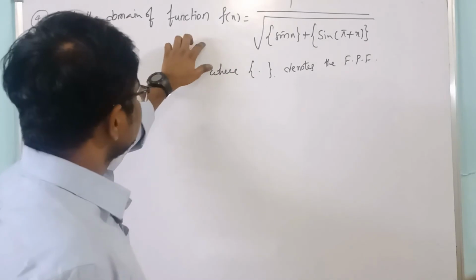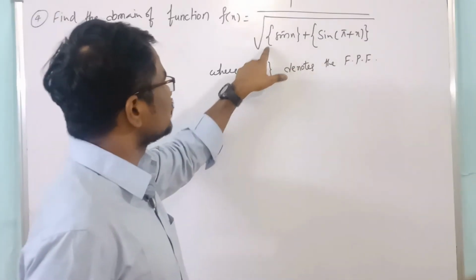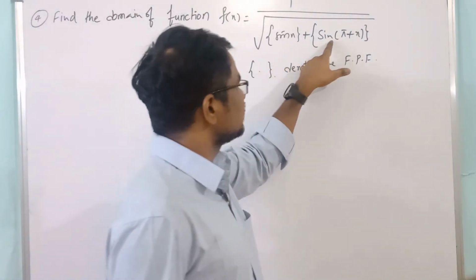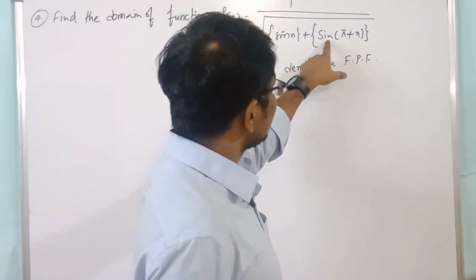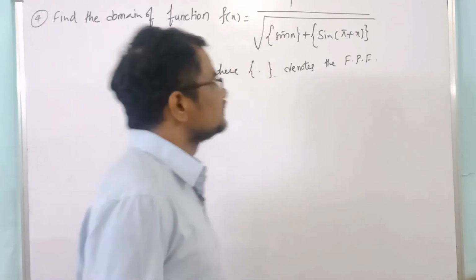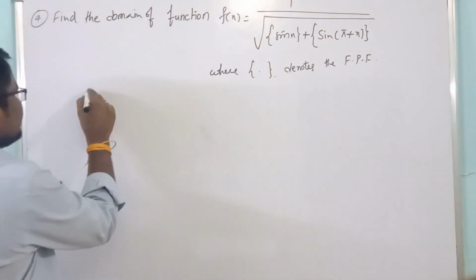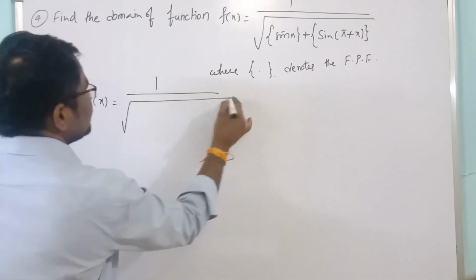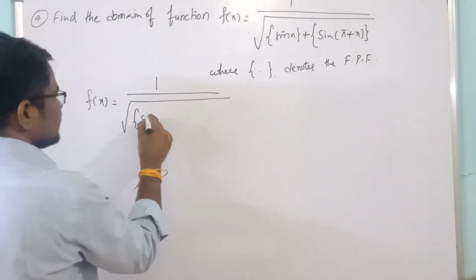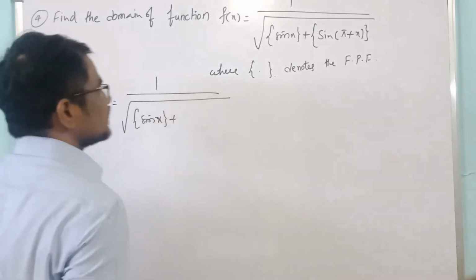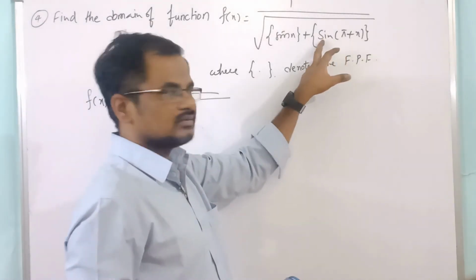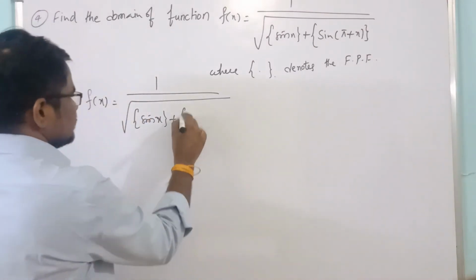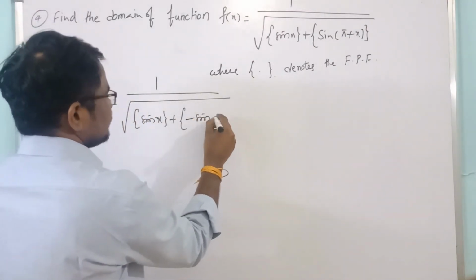Here in this problem, f of x equals 1 by root of fractional part of x sin x plus fractional part of sin of pi plus x, right? Now if you simplify this function, f of x equals 1 by root of fractional part of sin x plus, this is the third quadrant, sign negative at 180, sign does not change, so minus sin of x, right?